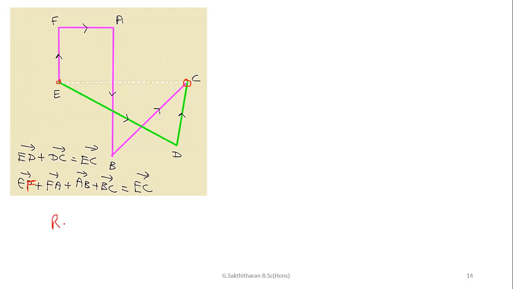So the total resultant vector is EC plus EC, so 2 EC, because they have the same value and same direction.